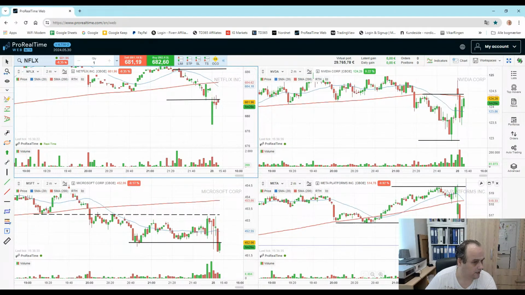You can see now Meta actually produced a tail over here, kind of trying to pause the drop a little bit. But it's not every day you get a clear signal here. I'm monitoring the Nasdaq index as well right now on the other screen, just to see its behavior.